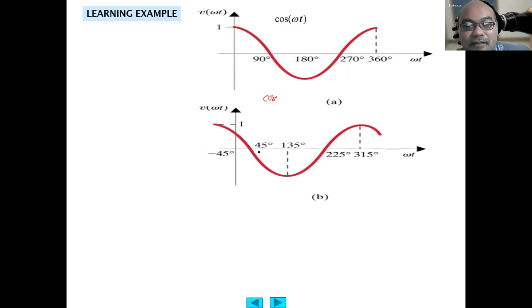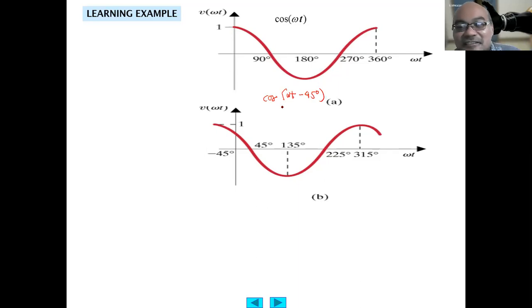The B wave compared to the A wave, is it leading or lagging? Leading. Leading by how many degrees? 45. So if it is leading by 45 degrees, how should it be written? Cosine omega t minus 45. Everyone agrees?